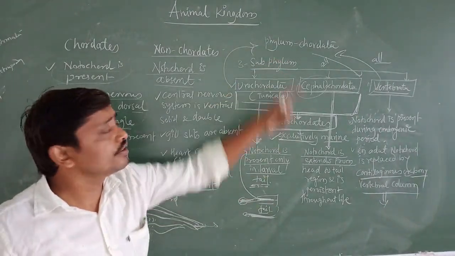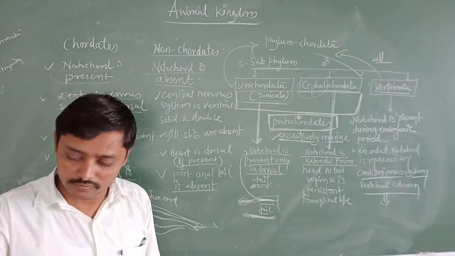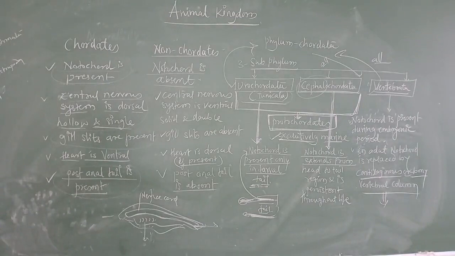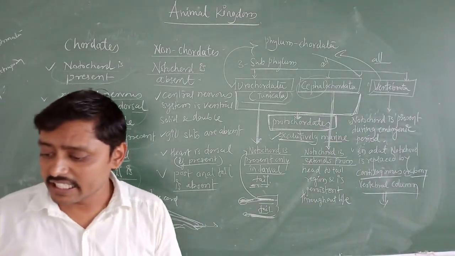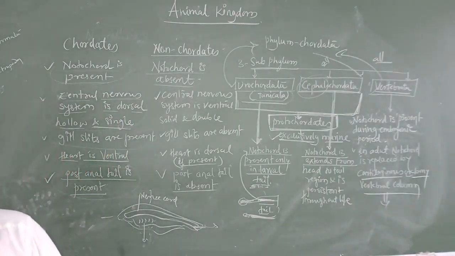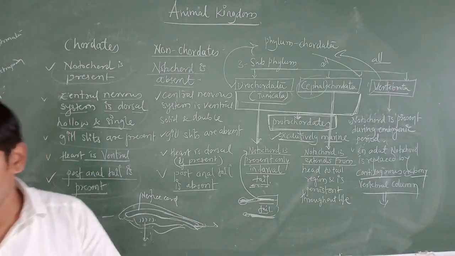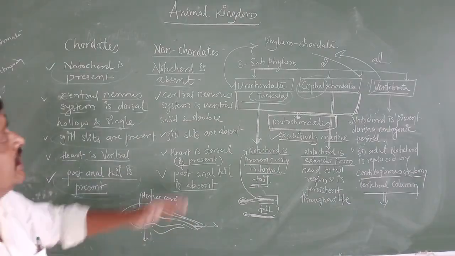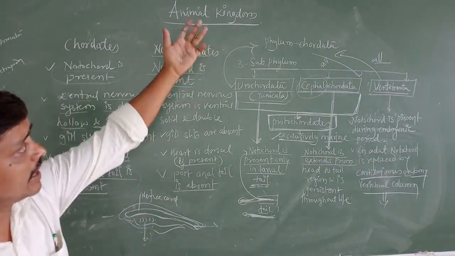And in chordates the kidneys are the excretory organs, which are helpful for osmoregulation too. And the next one is paired appendages, which may be fins or limbs, present in chordates. Understood? So these are the characters regarding the chordates.